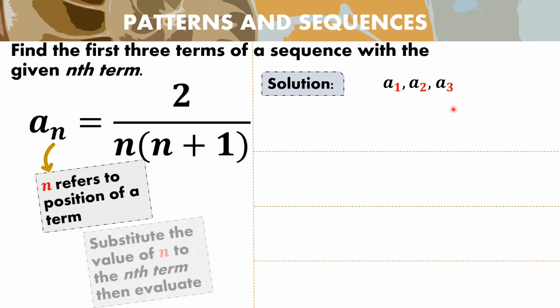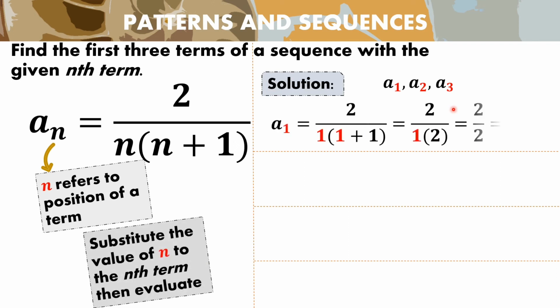Let's find the first term, or a sub 1. N is equal to 1. Substitute 1 into the nth term. That is 2 all over 1 quantity 1 plus 1 equals 2 over 1 times 2. That is equal to 2 over 2 equals 1.